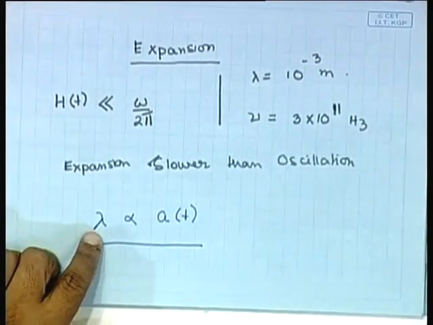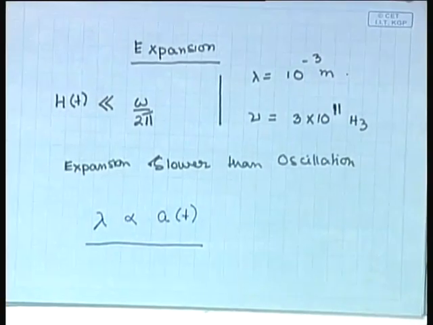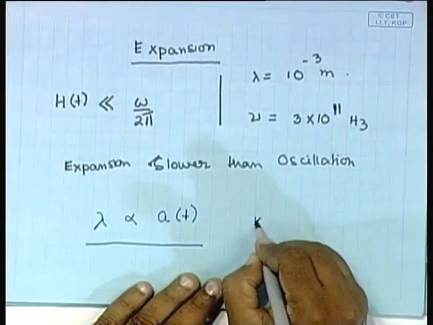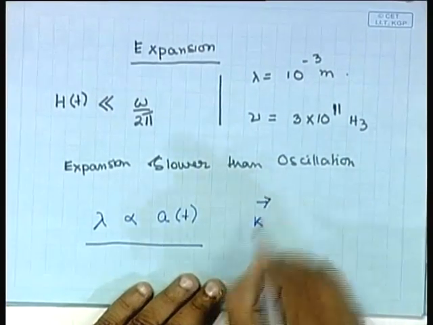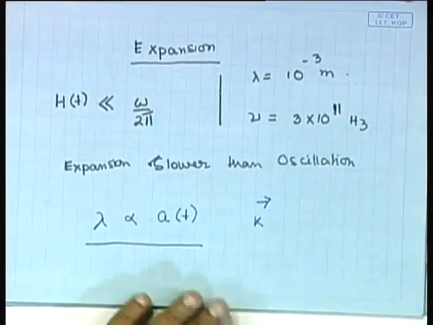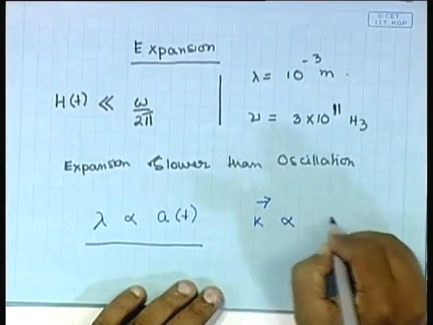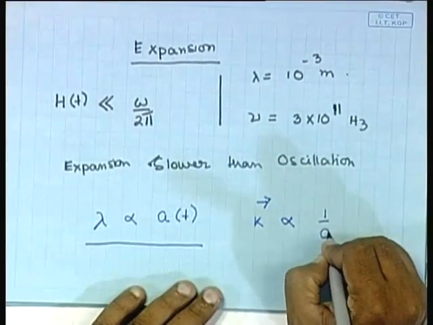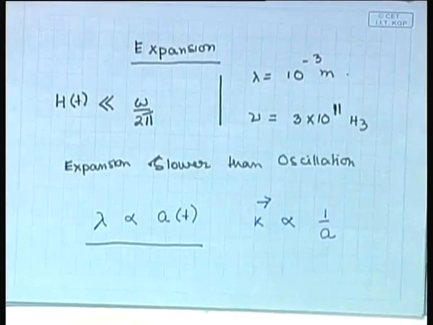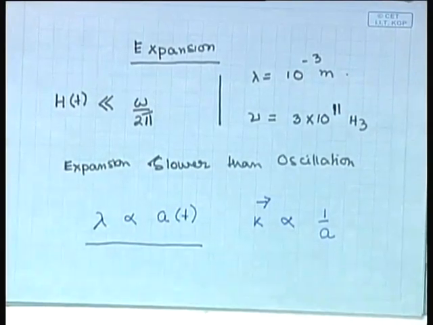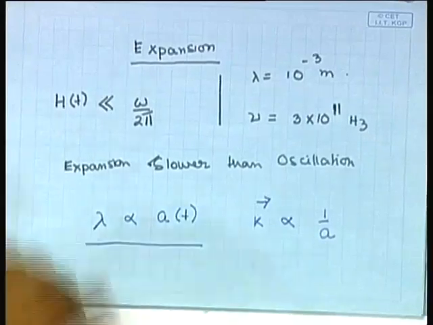So, if the wavelength increases proportional to a, the wave vector will decrease, it will go down as the inverse of a with the expansion of the universe, that is obvious. Okay.